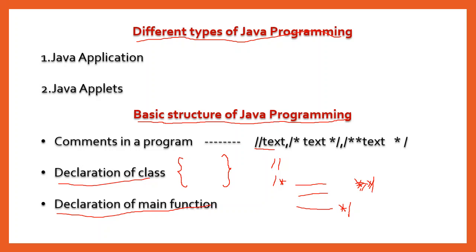All the statements of the Java program have to be included in the main function. The main function is included in the class declaration. This is about the declaration of the class and the main function. Next, we will see an example and I'll explain it step by step.